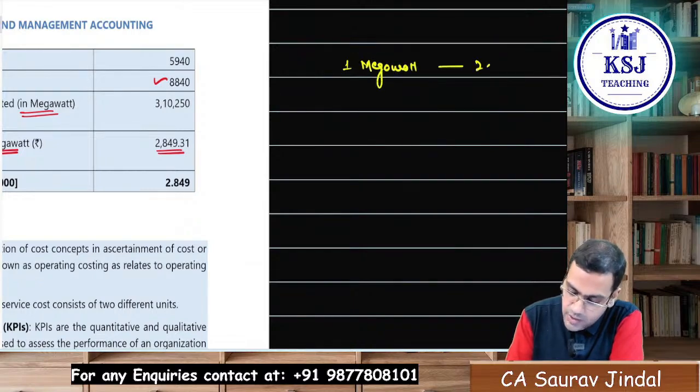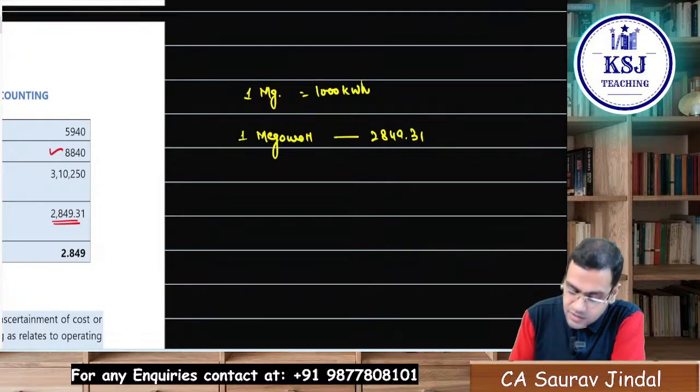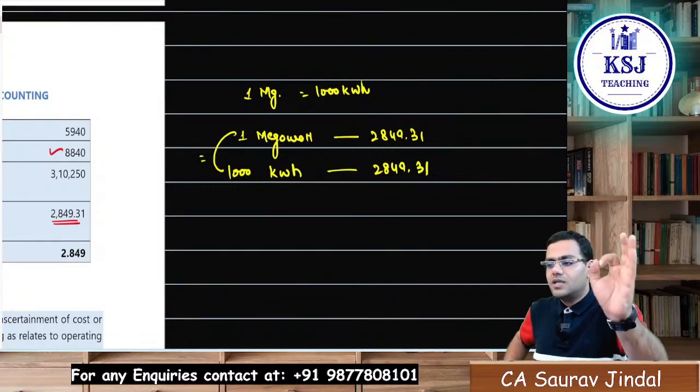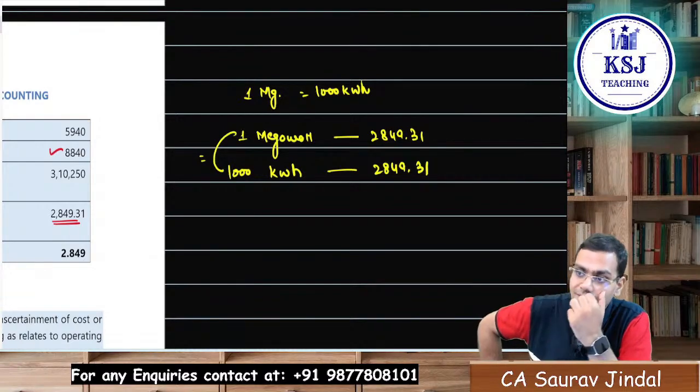Now he says the cost of 1 megawatt is 2849.31, and it is given in the question that 1 megawatt is equal to 1000 kilowatt, right? So I can say this 1000 kilowatt hours, the cost for this is this, because 1 megawatt is equal to 1000 kilowatt hours. So if the cost of 1 megawatt is 2849.31, the cost of 1000 kilowatt hour is 2849.31.